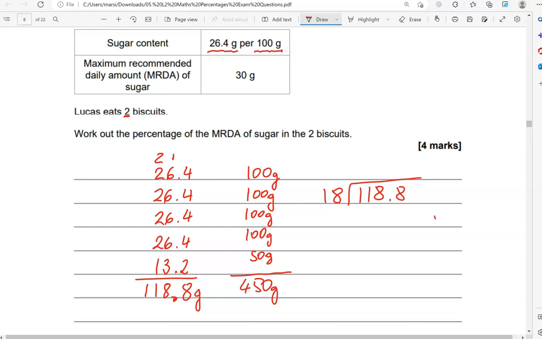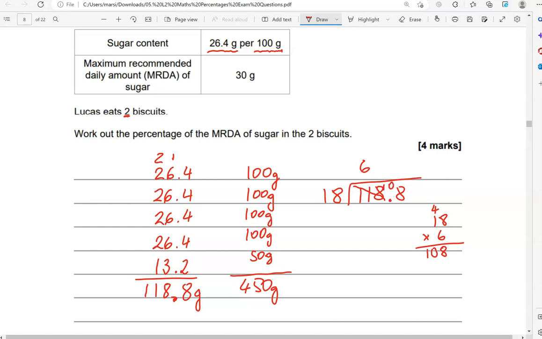So let's see, 18 times 6, how close is that to 118. 6 times 8 is 48, so 8 down, 4 carried over. 6 times 1 is 6, and the 4, that is 10. That's a good number. I can't fit another 18, so I'm going to leave it there. So I'm going to put 6 there. What we have remaining is 10, because 108 add 10 gives us 118.